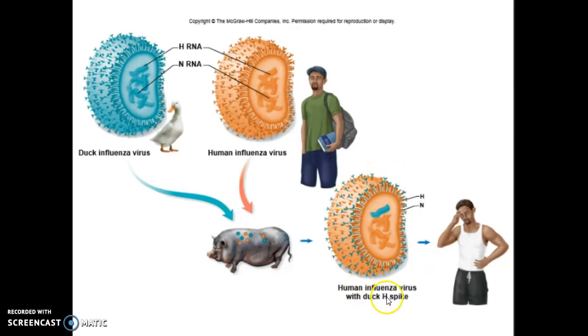A human influenza virus with duck hemagglutinin spikes. That causes problems for this person because half of what the immune system is seeing is brand new. And so the immune system just doesn't know how to respond, and this person gets very sick.